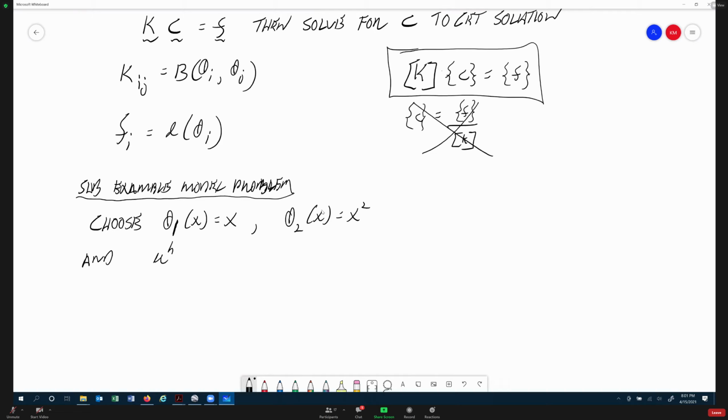And our U h of x is equal to phi 1 of x C1 plus phi 2 of x C2, for all delta.